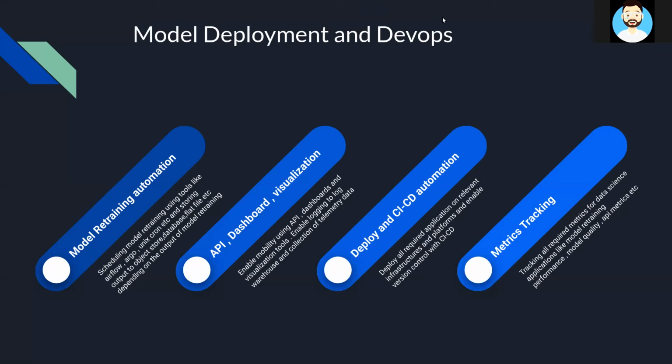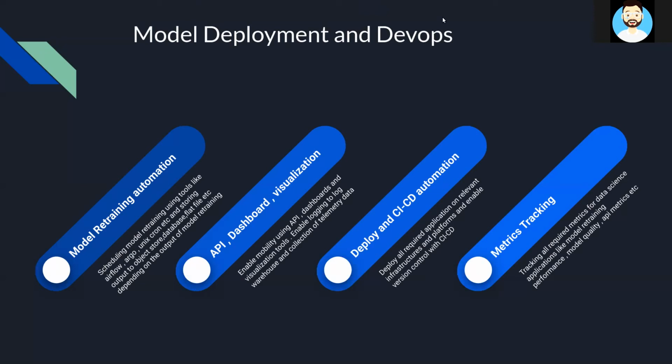Each of the steps has a lot of components in them, and we'll be going into each of those. In the first part of the series, we'll be concentrating on the model deployment and DevOps part. So, what are the steps involved in model deployment and DevOps?